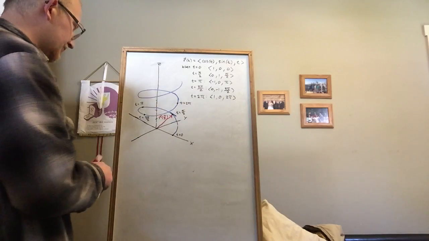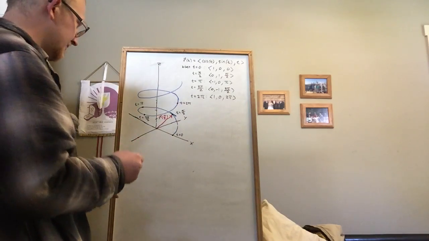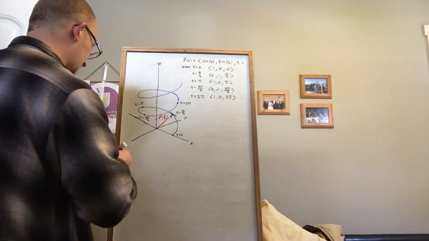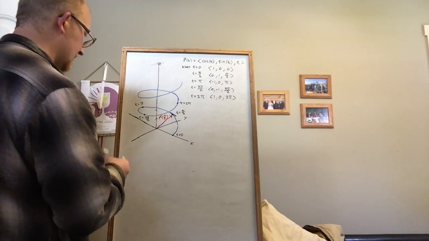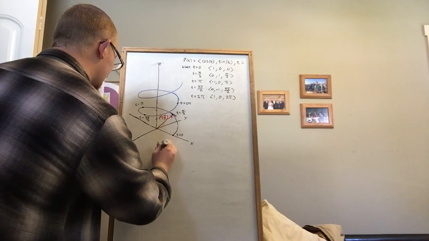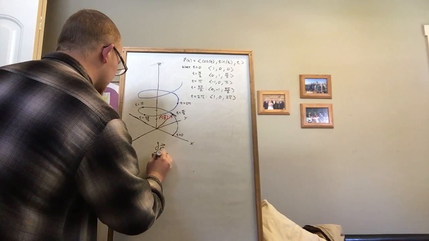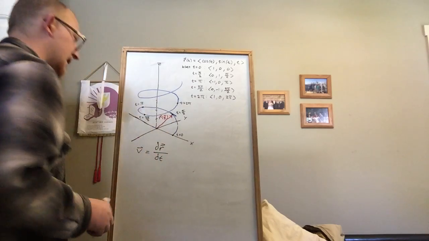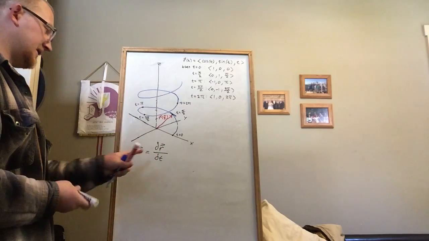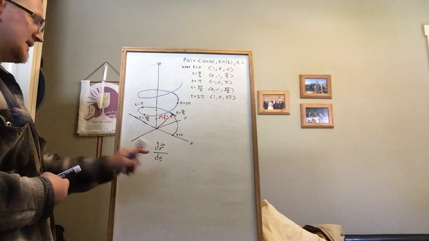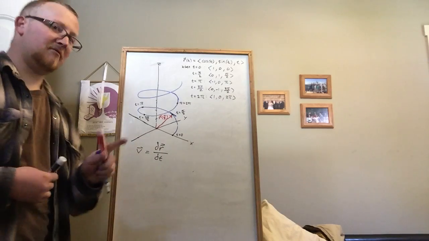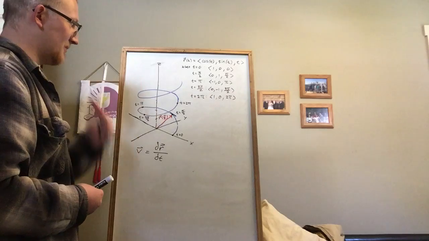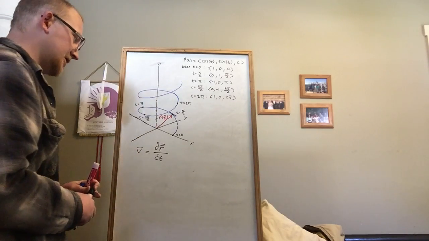And so if r is our position, now we know that if we take the derivative of our position with respect to time, we get a velocity. And so we're going to exploit that dr dt is v, and that v is always parallel with the path of travel. It's always tangential.